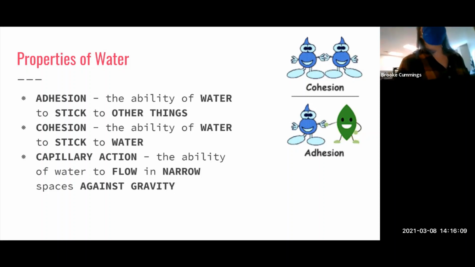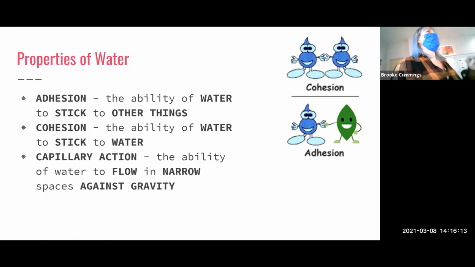Cohesion is actually forming that dewdrop. It's got that attraction to itself, and it's staying in that drop form. And then the adhesion is the fact that it's sticking to the blade of grass.